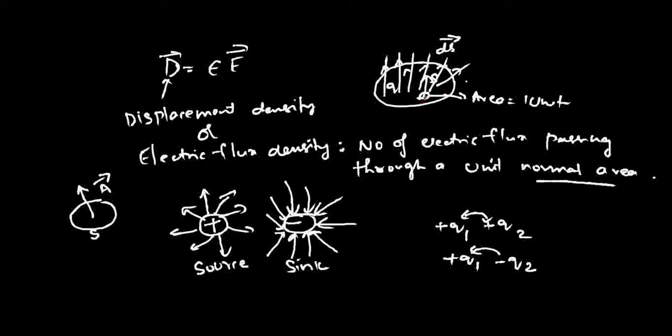This ds bar is a vector which represents this small surface, and the area of this small surface is 1 unit. That means mod ds bar is equal to 1. Even in this case, there would be some lines of flux emerging from the surface, and if you know the number of electric lines of flux passing through this unit normal area, that means you know the electric flux density D bar.